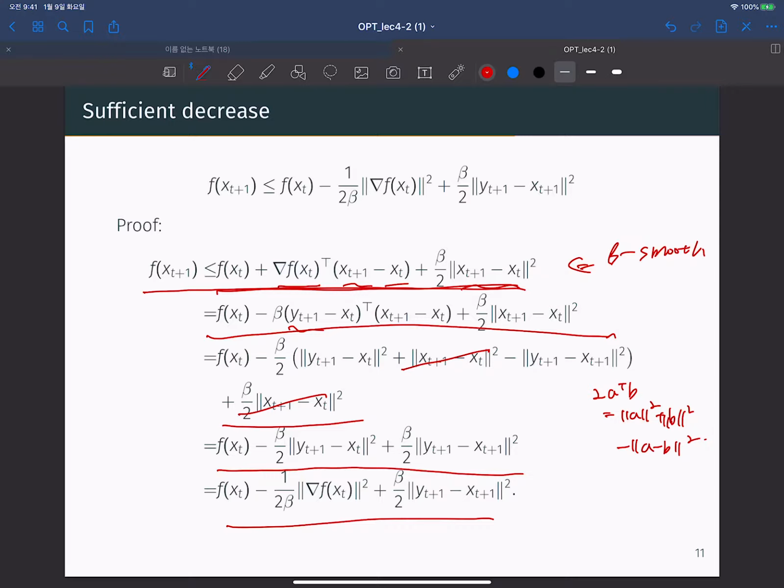When there is no constraint, y_{t+1} is equal to x_{t+1}, so we don't have this term. But since we have a constraint set, and y_{t+1} is not equal to x_{t+1} in some cases, if y_{t+1} is outside your constraint set, we need this additional term.